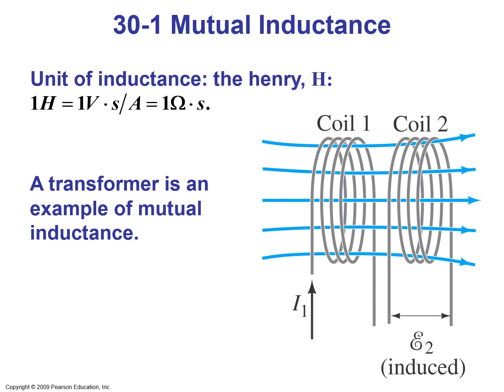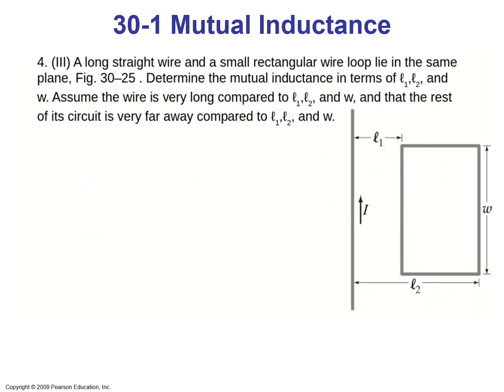A transformer is an example of mutual inductance. So on the right we see two coils in which current I1 in coil 1 is causing an induction of EMF in the second coil. Let's look at problem number 4 in the book as an example.